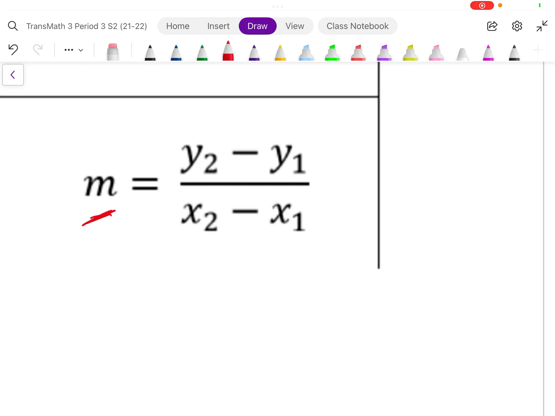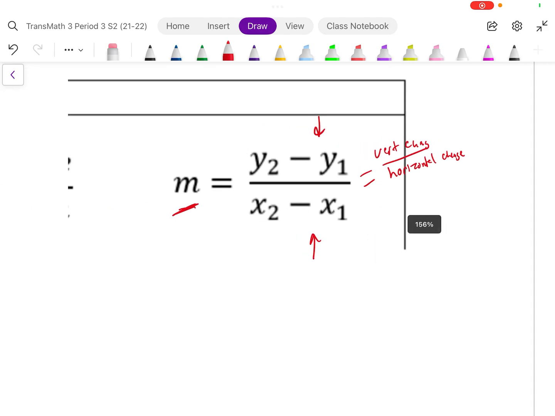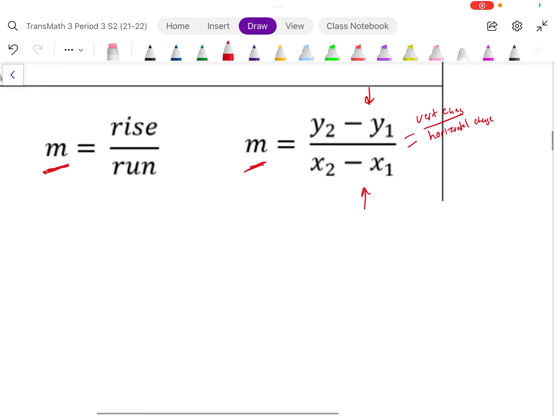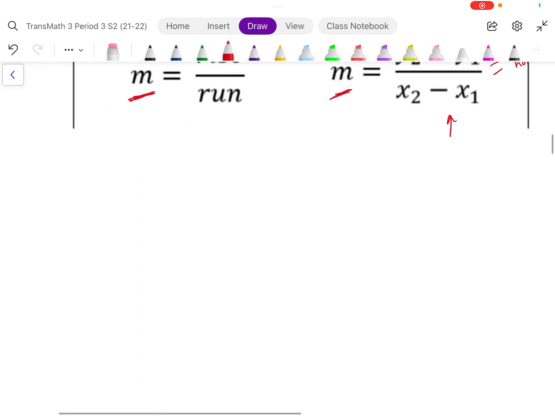If you remember, we talked about vertical change over horizontal change. When you think about it, the y-axis is vertical, where the x-axis is horizontal. This is an equation that you will need to memorize. I'll explain what those represent in a second.